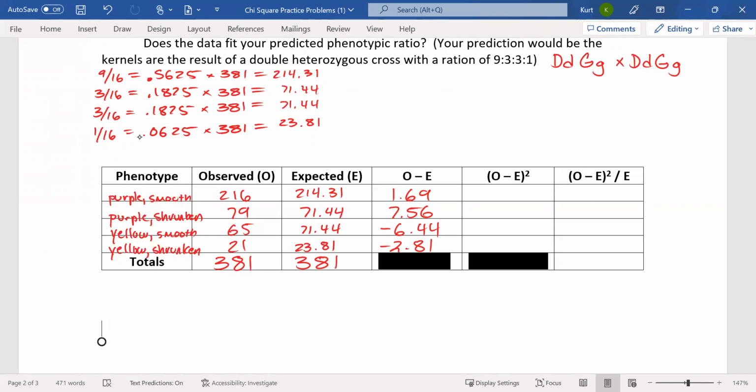And what is 1.69 squared? What is 7.56 squared? What is negative 6.44 squared? 41.474. And what is negative 2.81 squared?